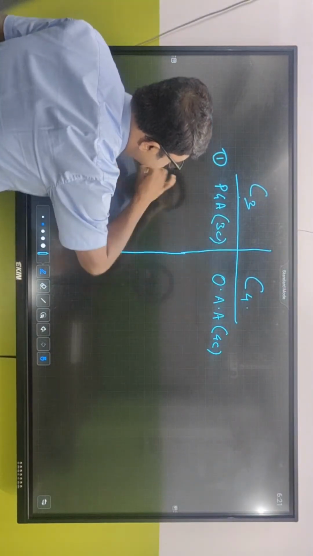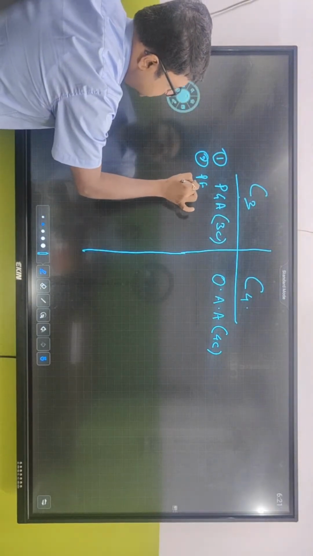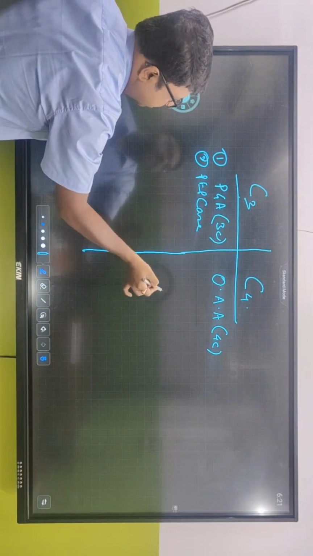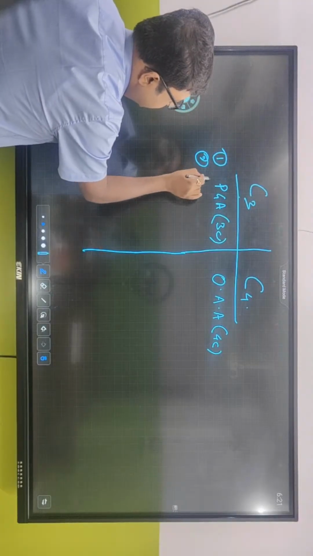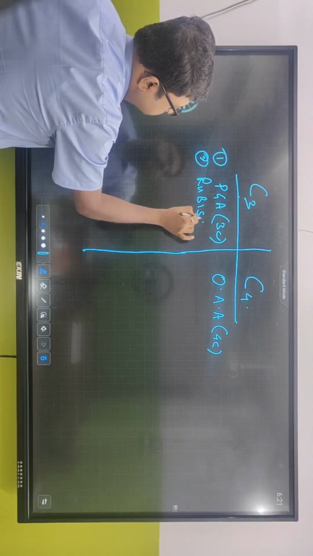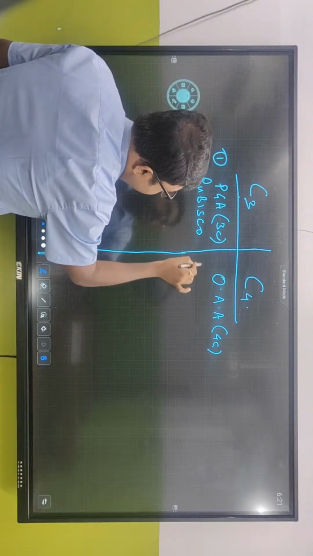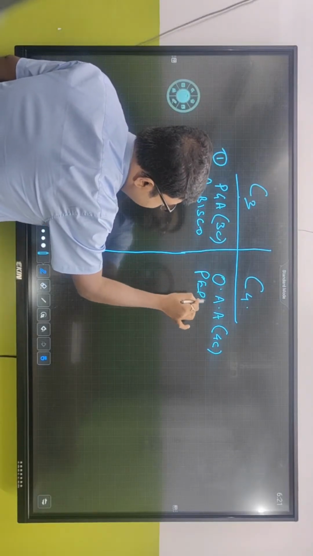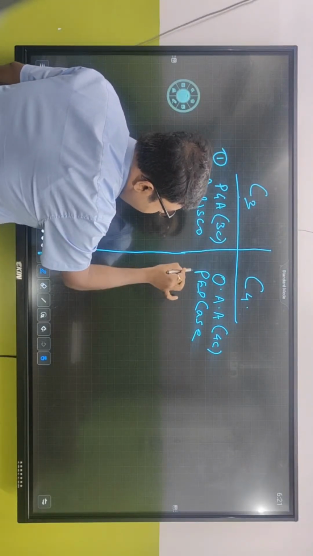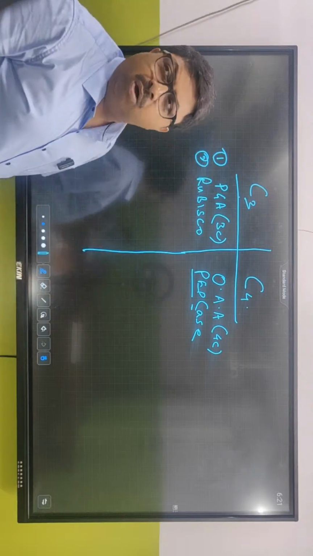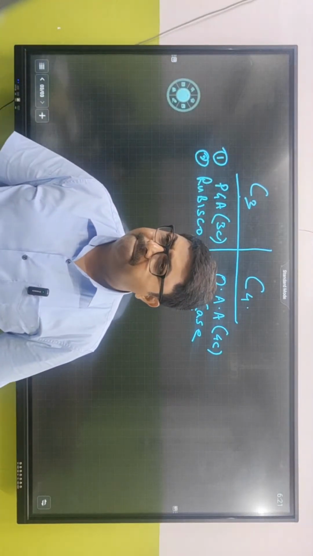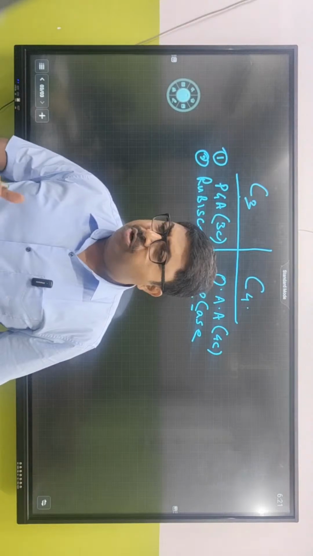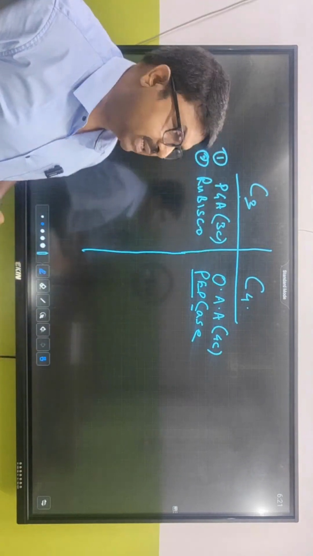The second one, in case of C3, the enzyme is Rubisco. In case of C4, the enzyme is PEPcase. Now in PEPcase, are you finding any oxygenase activity? None. Phosphoenol pyruvate carboxylase, কোনো oxygenase activity নেই.